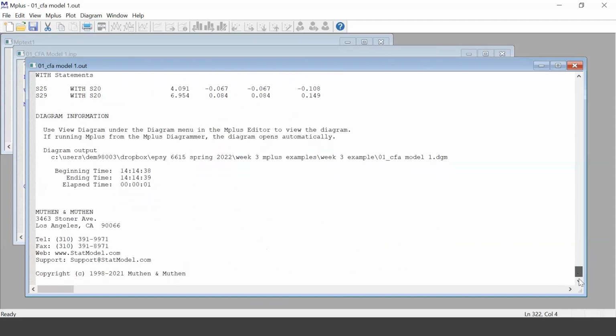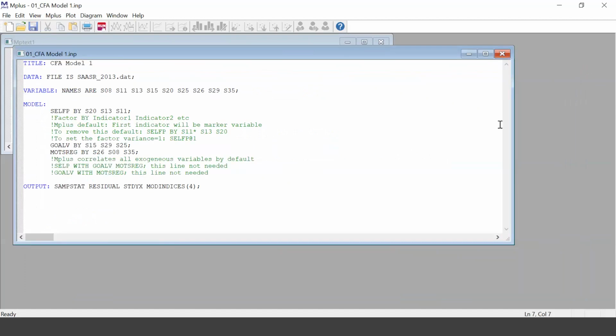So just to show you how you could correlate errors and run a modified confirmatory factor analysis, I'm going to show you a second model where we build in this correlation between S29 and S20. So let me close this output file here, and now I can save this input file.